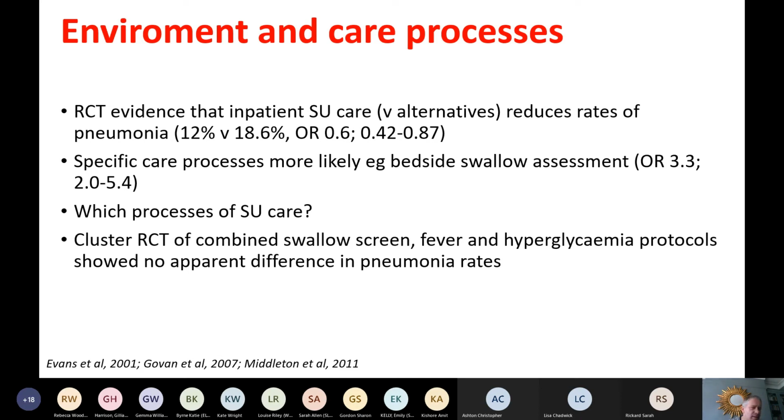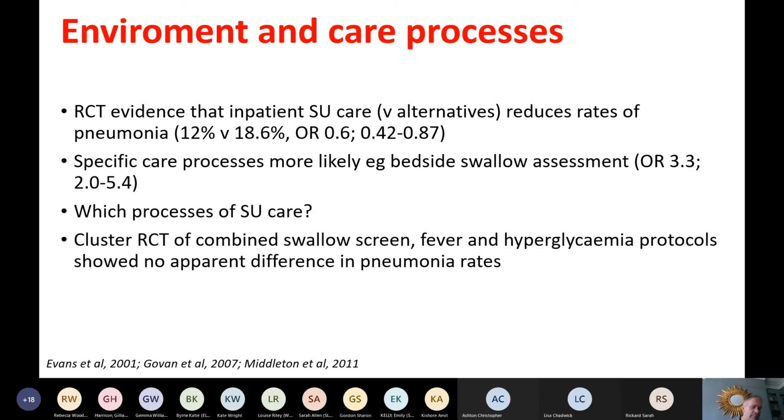So the good news is that there's something that we do on stroke units that does actually prevent pneumonia compared to being on an environment that isn't a specialised stroke unit. So what we know far less about, as I've already alluded to, is what those things are that we do. So again, this black box of stroke unit care. As I've already alluded to, it's invariable that bedside swallow assessment and speech and language therapy assessments have some role in doing this.